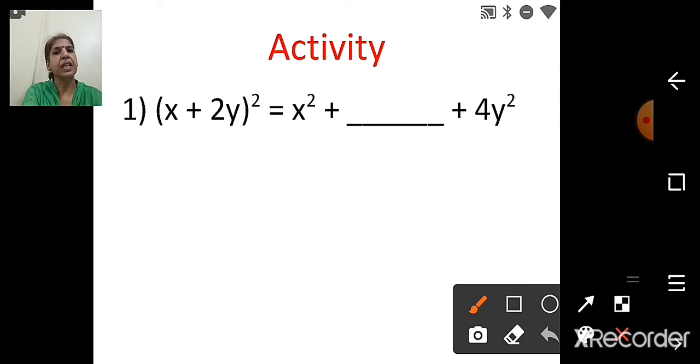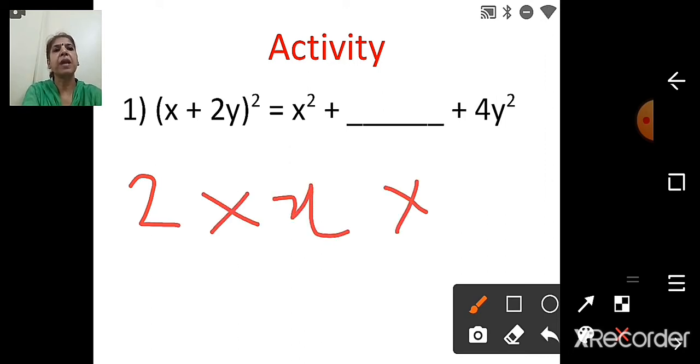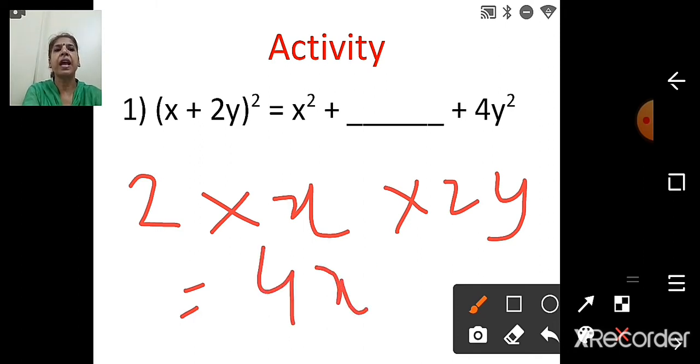Middle term is missing and middle term is 2ab. So it is 2 into first term multiplied by second term. The answer is 2x into 2y. 2 twos are 4, 4xy. So our answer is 4xy.